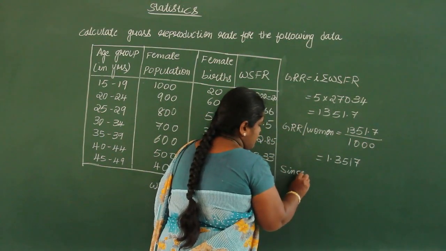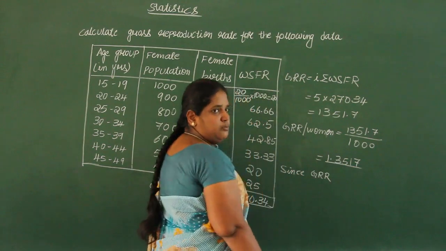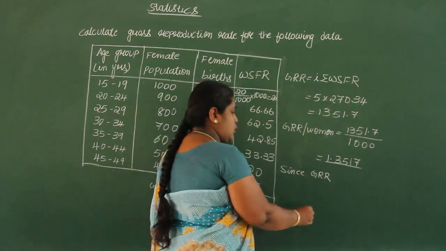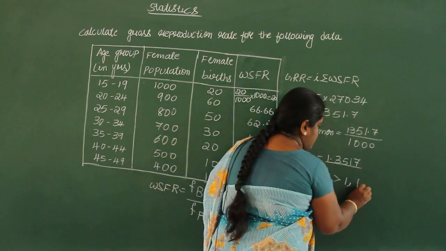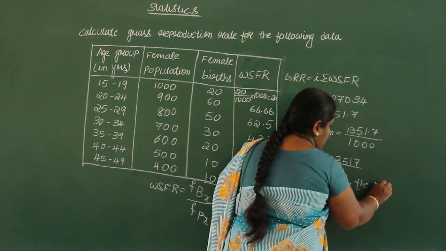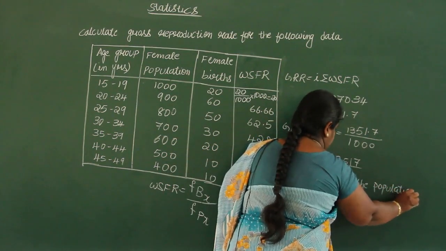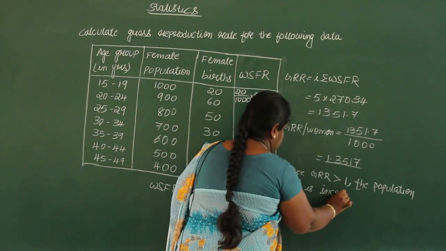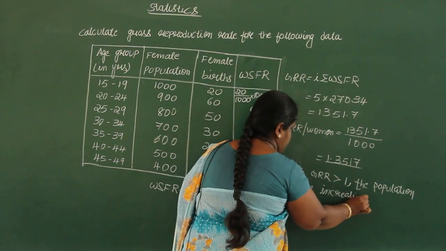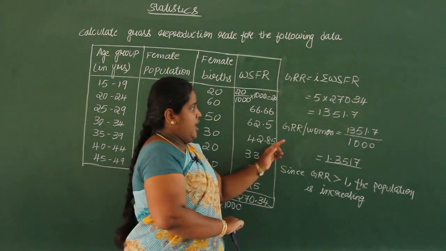Since this value, when you divide it by 1000, we are getting it more than 1, GRR is greater than 1. So the population will increase. So the population is increasing.